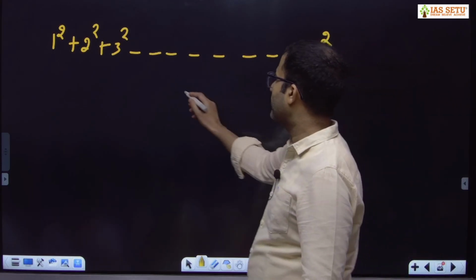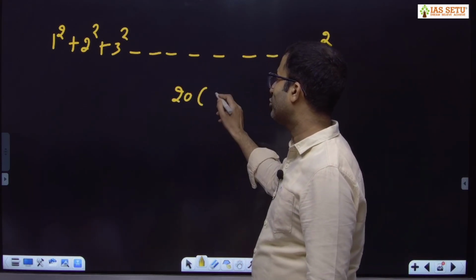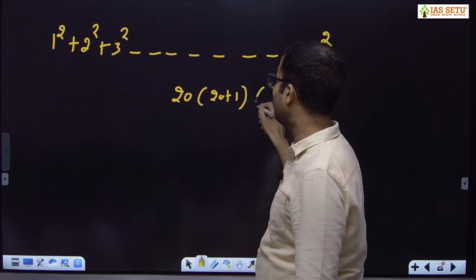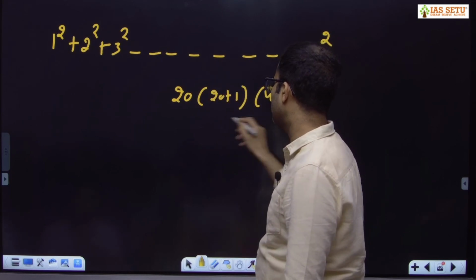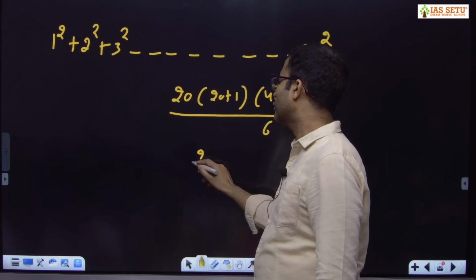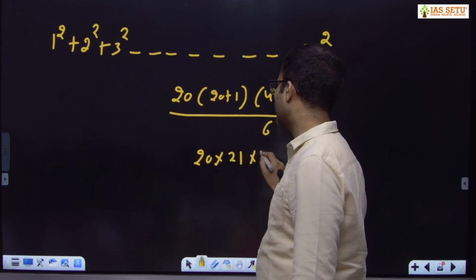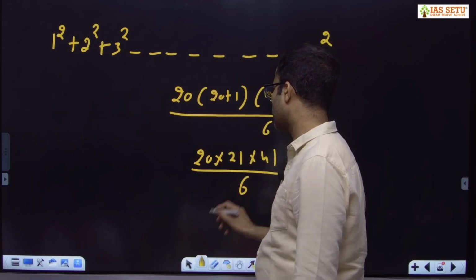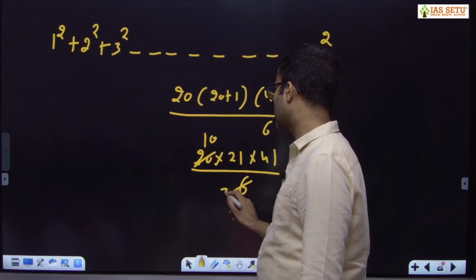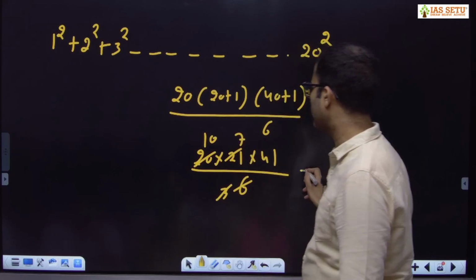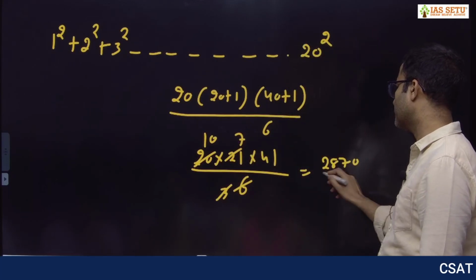So what is the value of n? 20 into 20 plus 1 into 40 plus 1, 2n plus 1, divided by 6. So it is 20 into 21 into 41 divided by 6. So this is 10, 3, this is 7, 7 into 41, 2870.